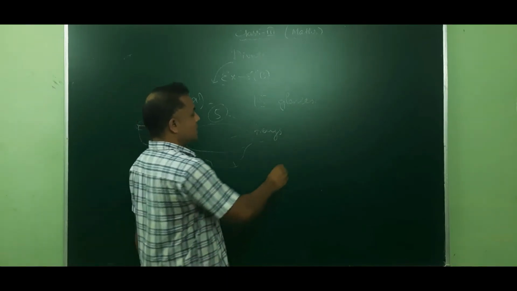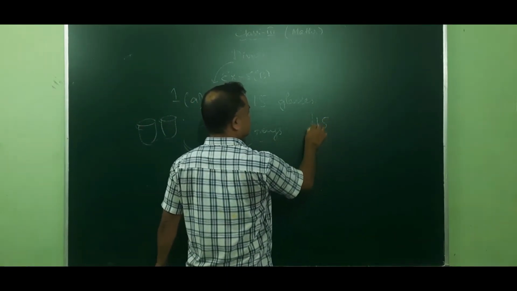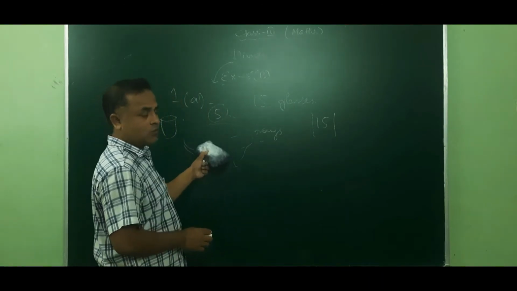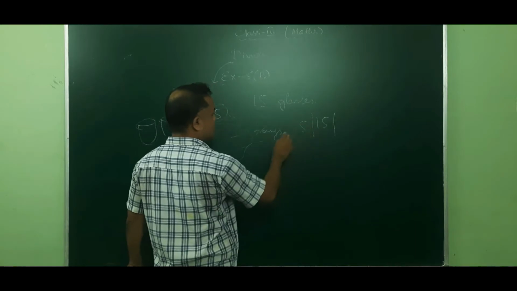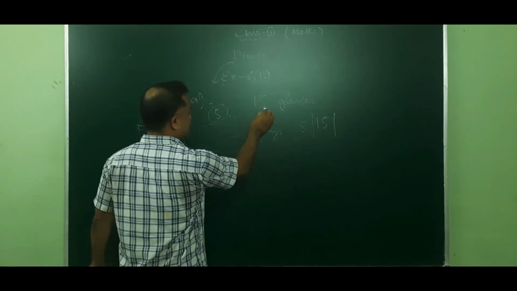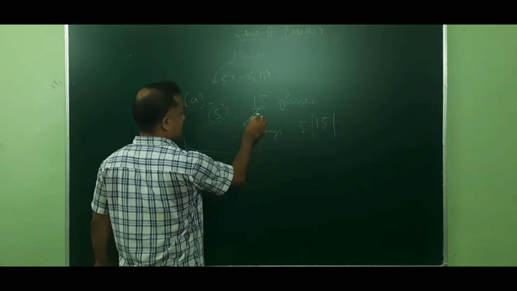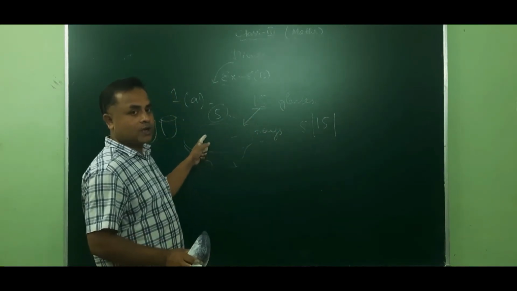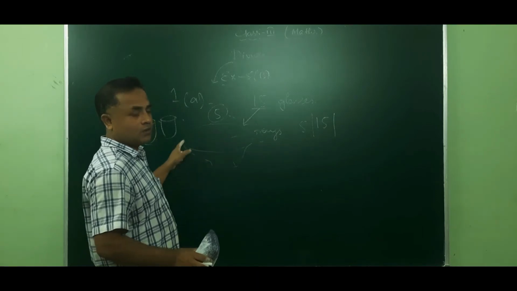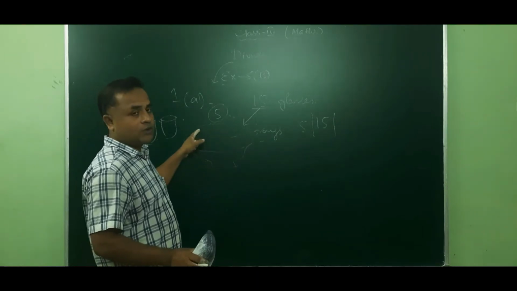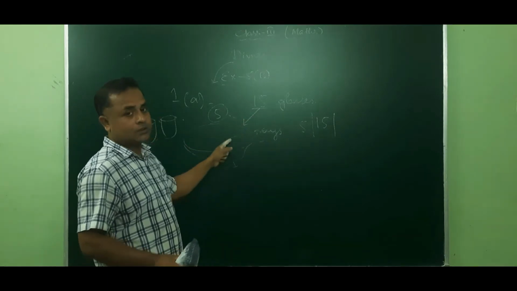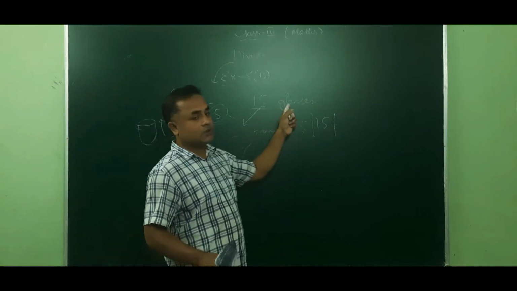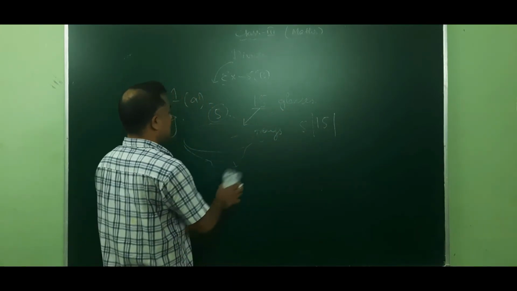So what we will do is the total number of glasses is 15 and the number of trays is 5. Why am I dividing by 5? Because the question asks how many glasses we can put on a tray. So that is why we divide the glasses by the trays. Then we will get the answer.